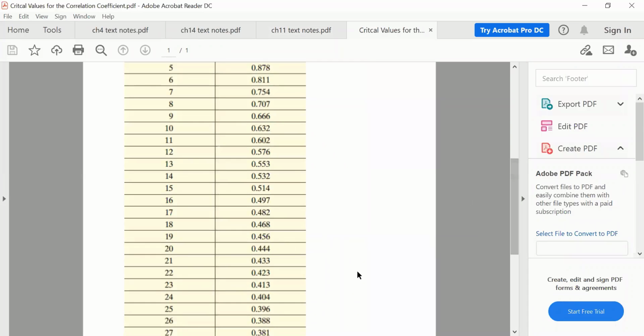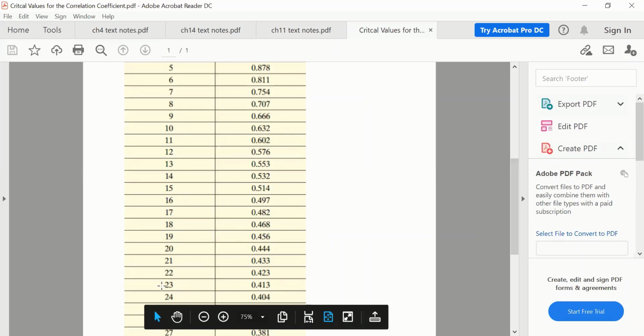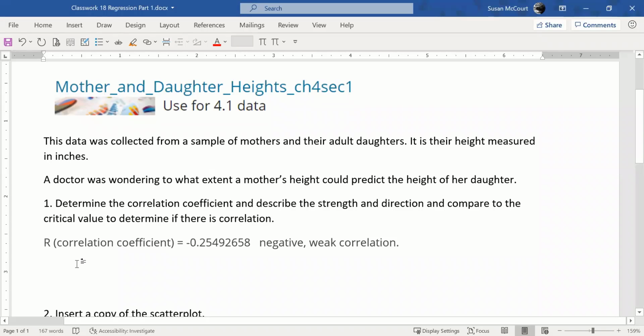Our sample size was 24, so the critical value we're comparing to in our chart is 0.404. Because 0.255 is less than 0.404, we have no correlation.